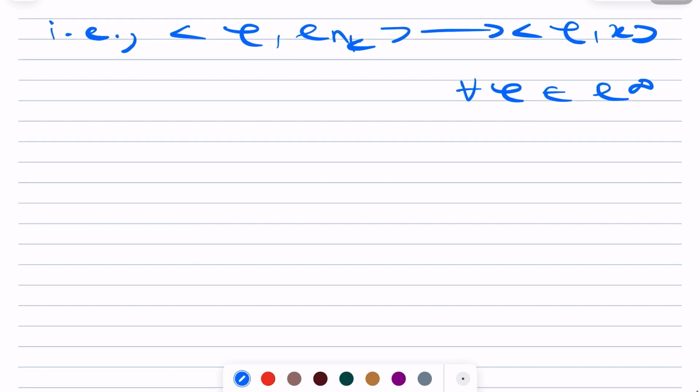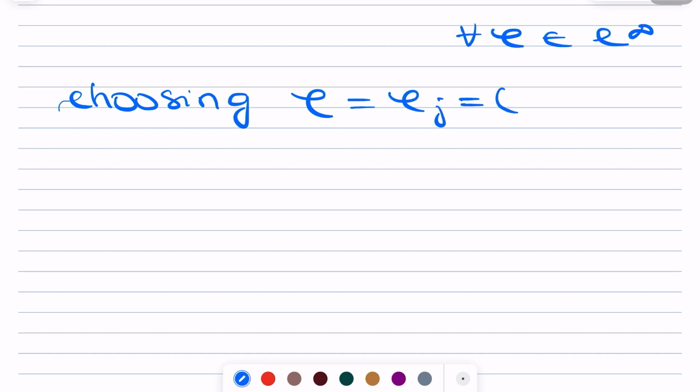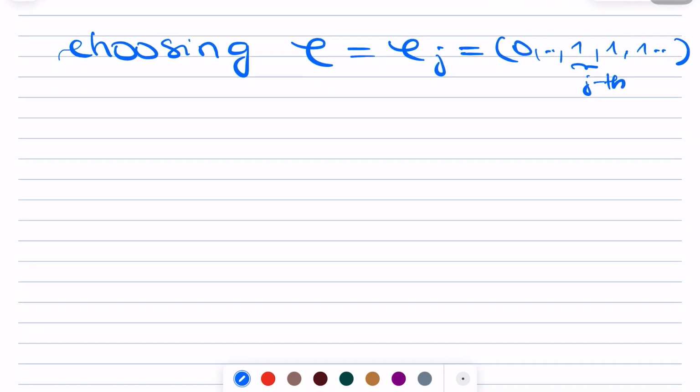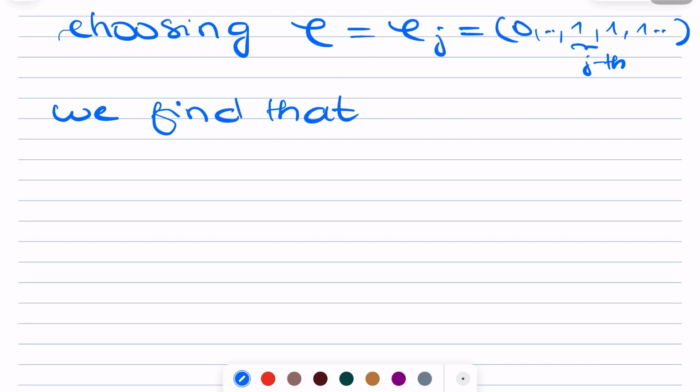So choosing phi to be 0 and then 1 starting at the jth position, this is obviously an element of l infinity, bounded by 1.